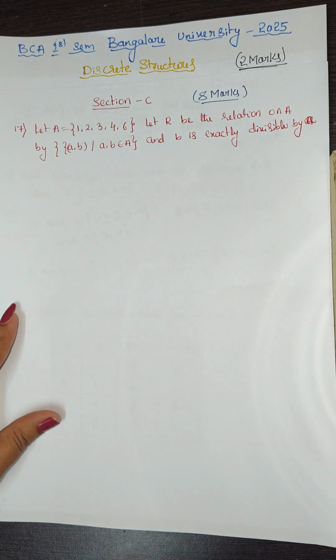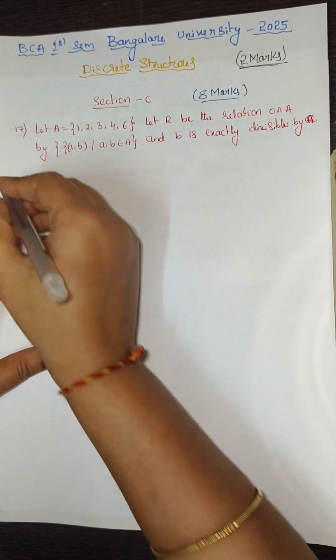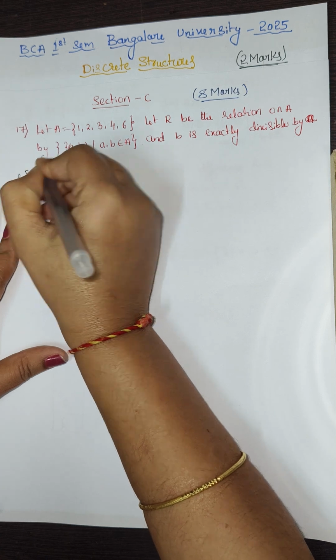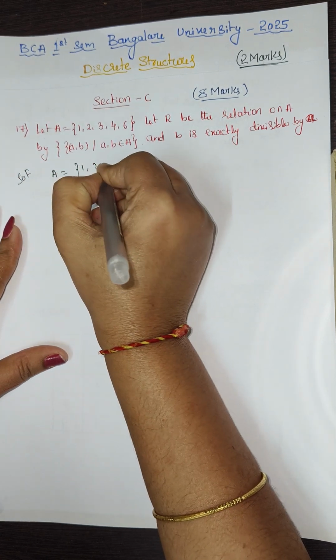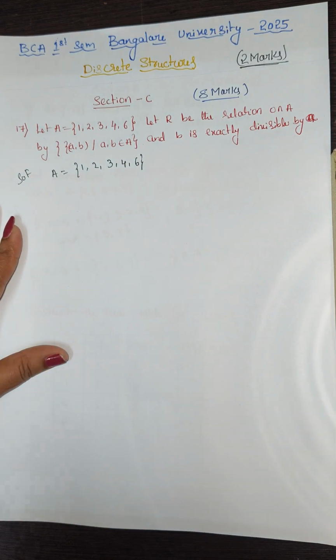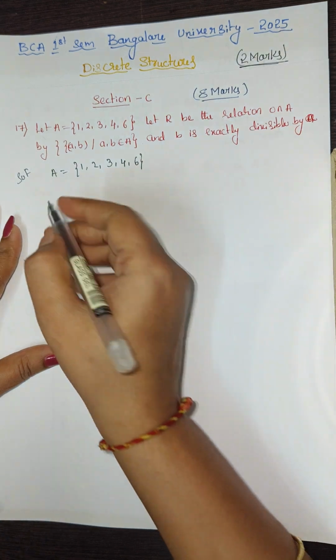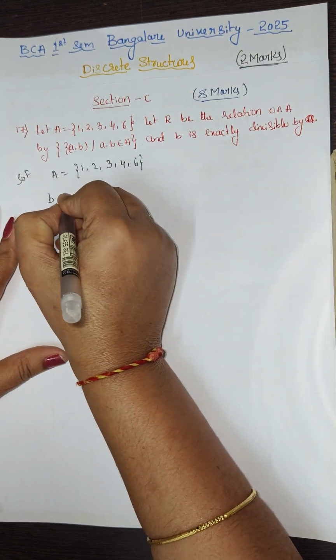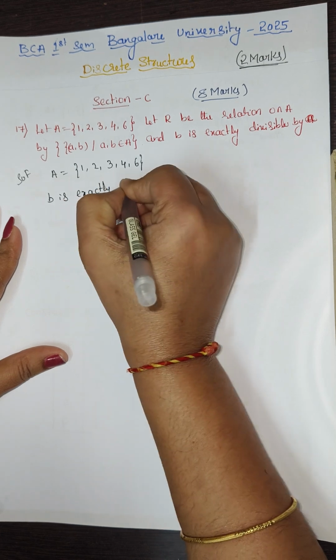I wrote the question here already. Okay, I will write it once again here. Solution. What is the set A? A set is 1, 2, 3, 4 and 6. What is the condition? b is exactly divisible by a.